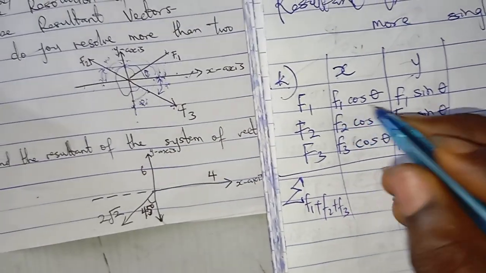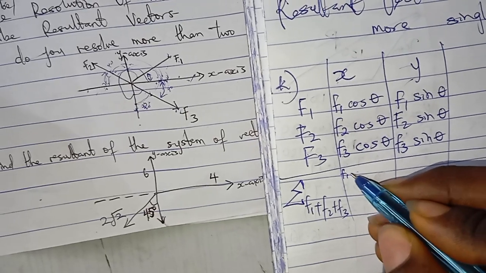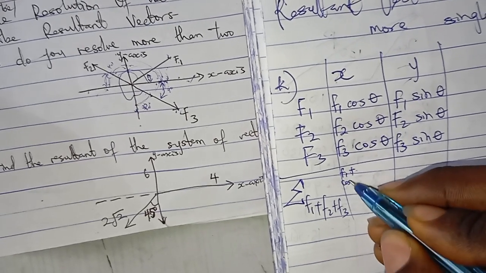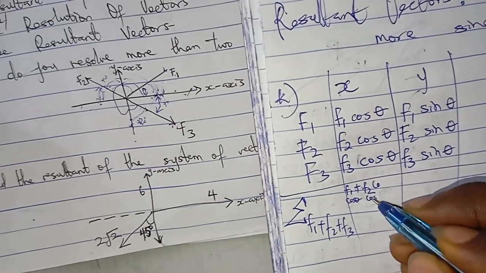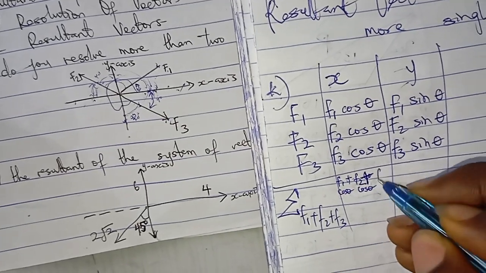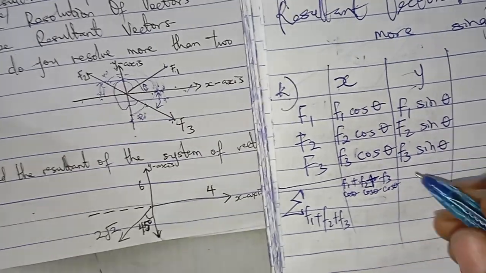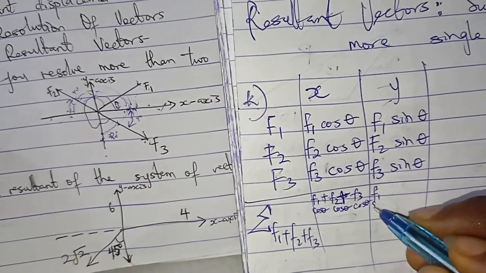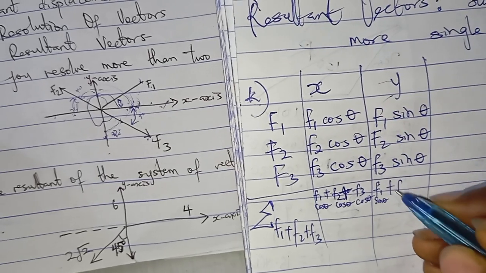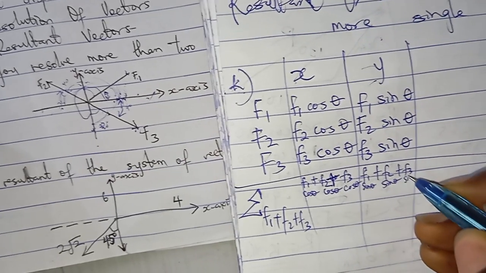And that is, by the time you do this now, the sum of F1 cos theta plus F2 cos theta plus F3 cos theta. So by the time you sum it up, you come and do for y, F1 sin theta plus F2 sin theta plus F3 sin theta.